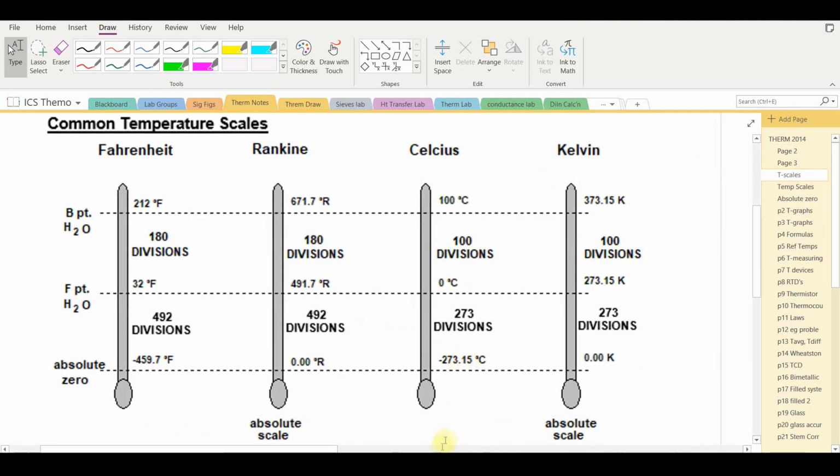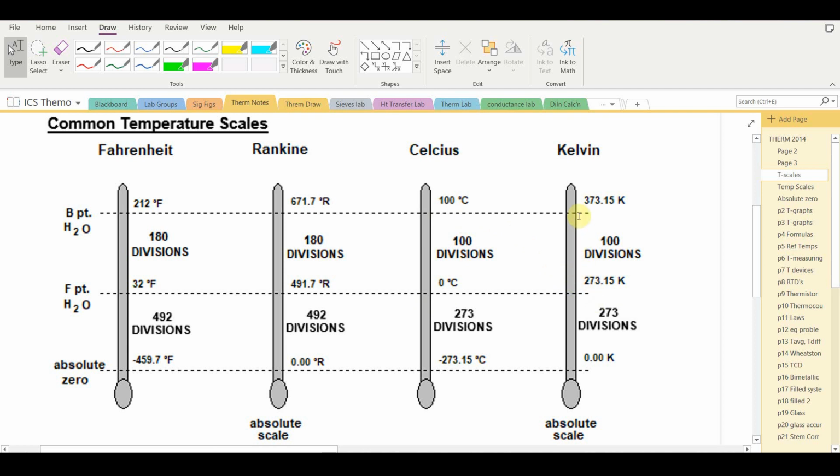So you'll note that both the Kelvin scale and the Rankine scale are absolute scales. That is, the coldest possible temperature, absolute zero, is set to 0 on these 2 scales. You'll also want to notice that there are 100 divisions between the freezing point and the boiling point of water on the Celsius scale and on the Kelvin scale, which simply means they have the same sensitivity.